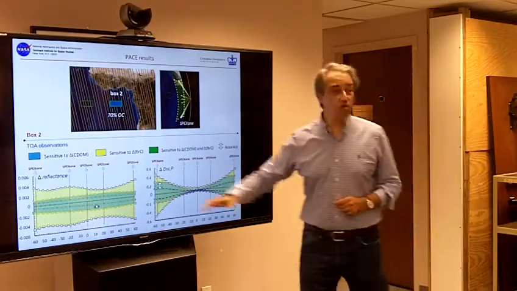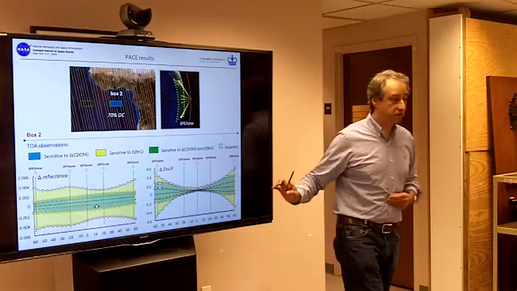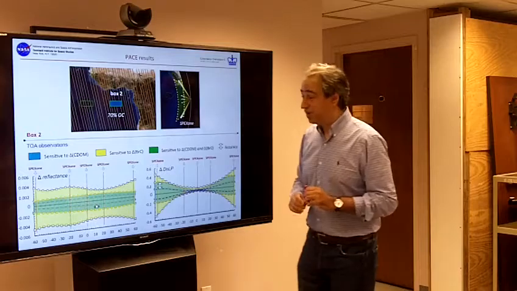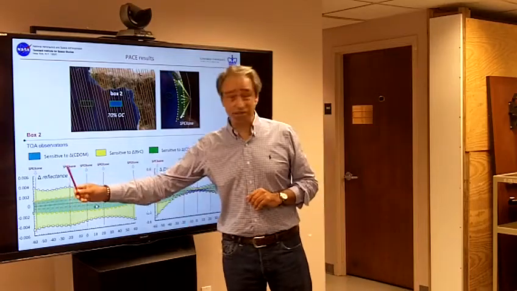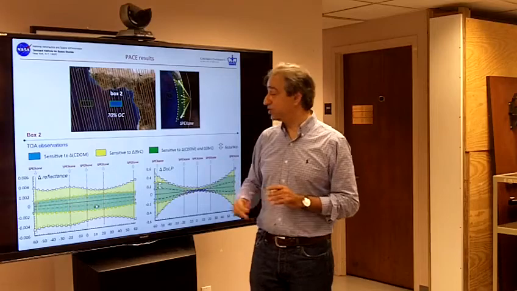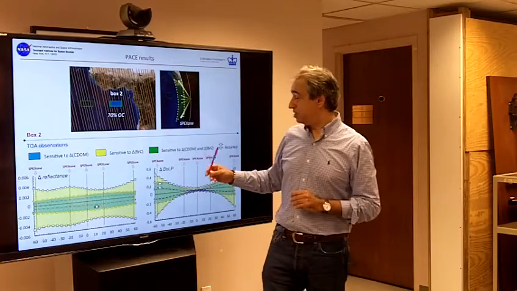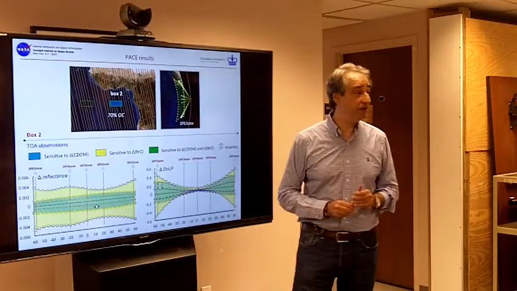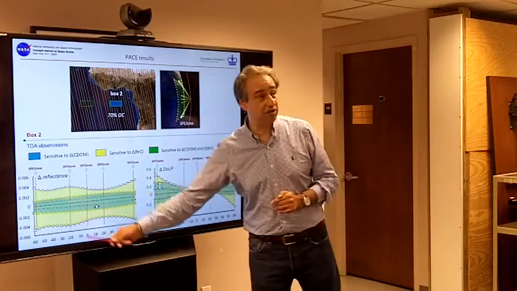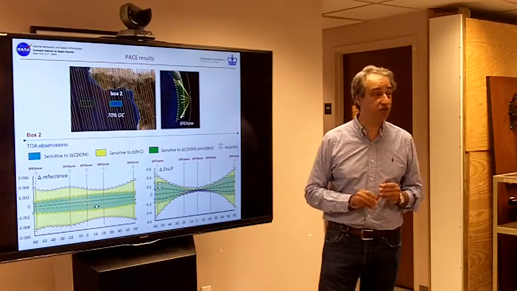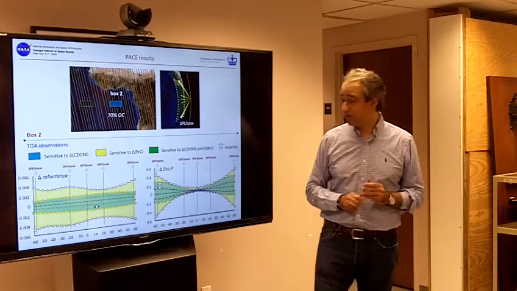You're seeing no blue at all in either picture. And that means that you have nowhere a sensitivity to only CDOM. You'll see only sensitivities that are caused either by CDOM and brown carbon or only by brown carbon. So this is going to be a very difficult case to distinguish between brown carbon perturbations and CDOM perturbations.